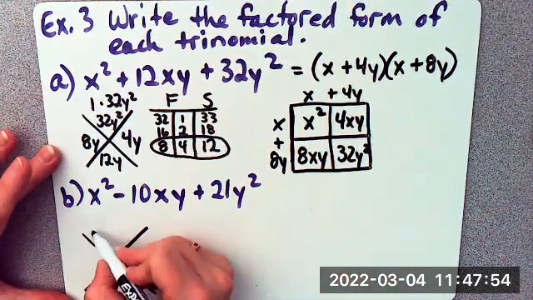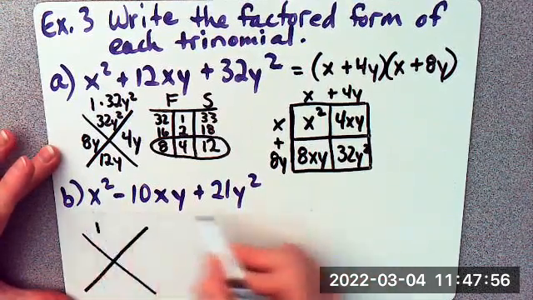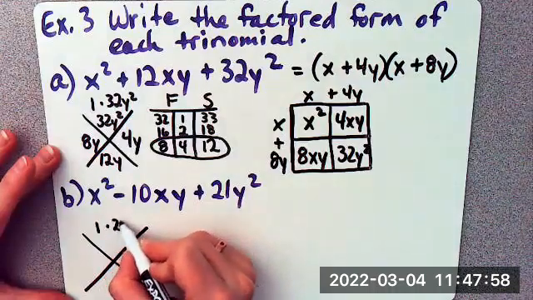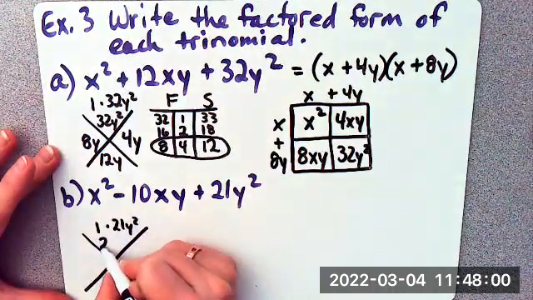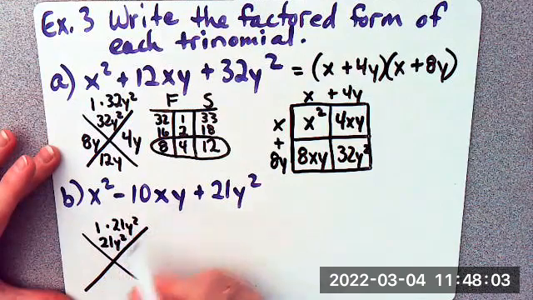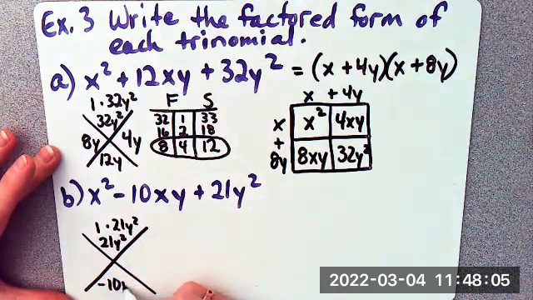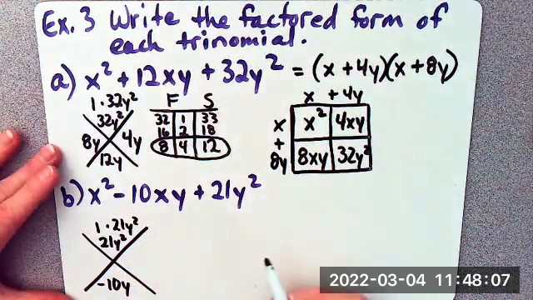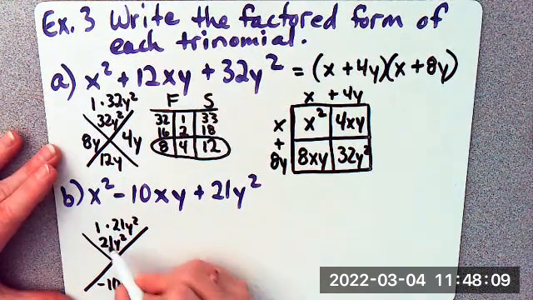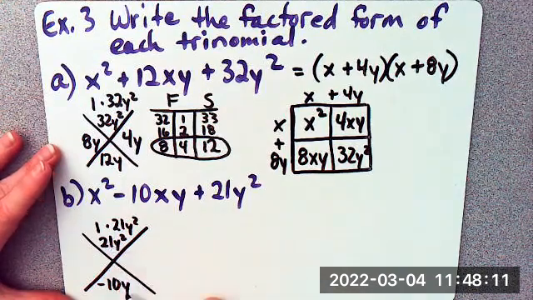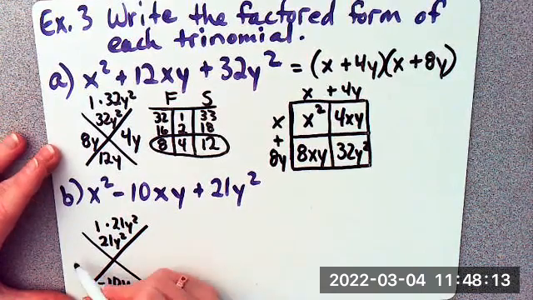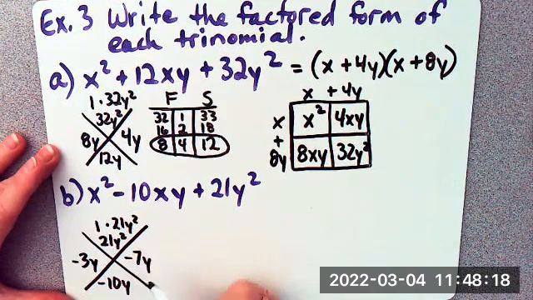All right, so our first term is 1, for a is 1, then we have 21y squared. Then we have negative 10y. So we're looking for two negatives that make a positive and multiply to be 21. So that would be negative 3y and negative 7y.